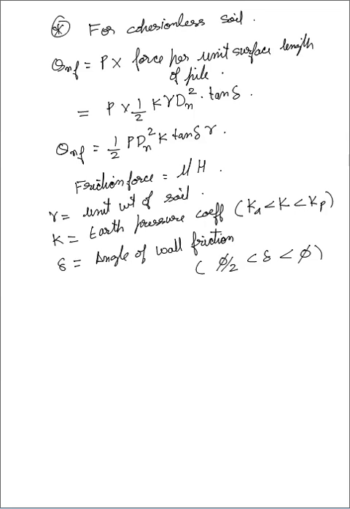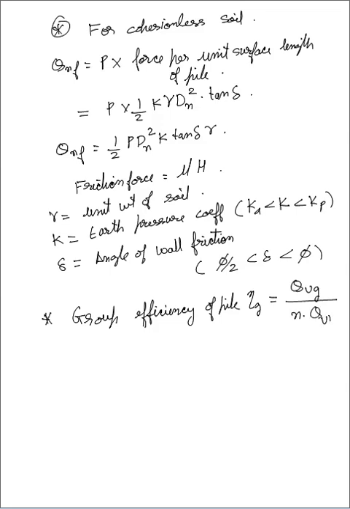Now let us discuss the group efficiency of pile. The formula is eta g is equal to QUG divided by n QUP. Here small n represents the total number of piles.